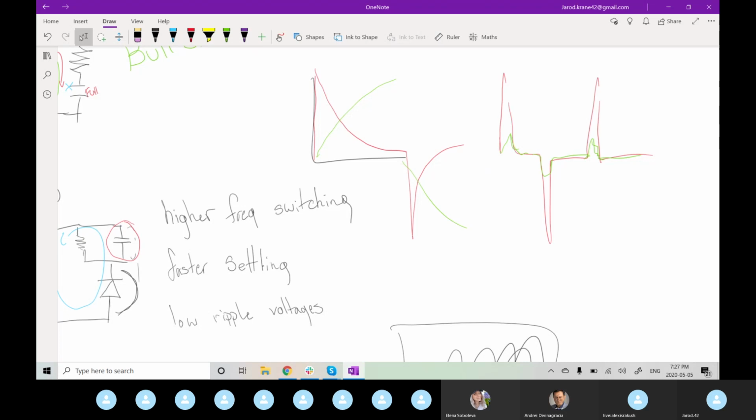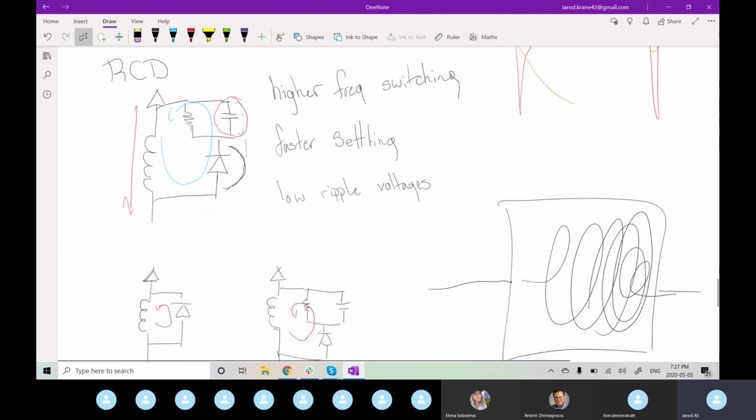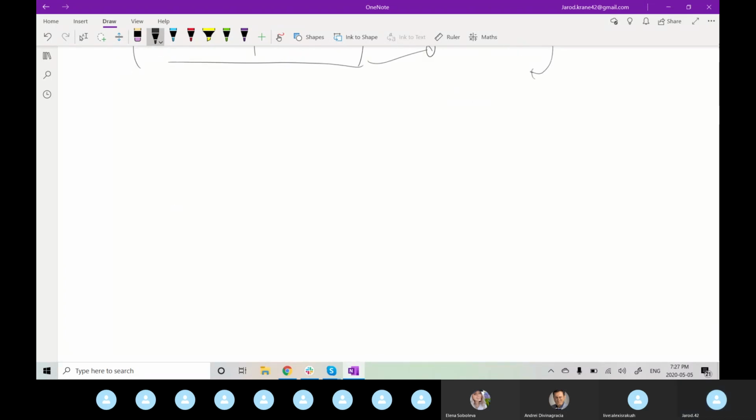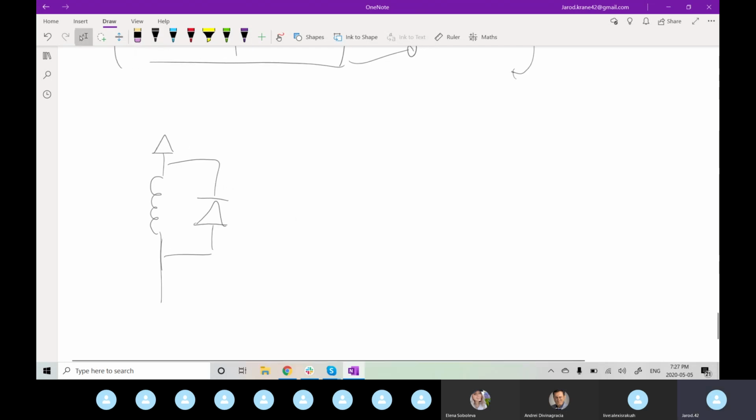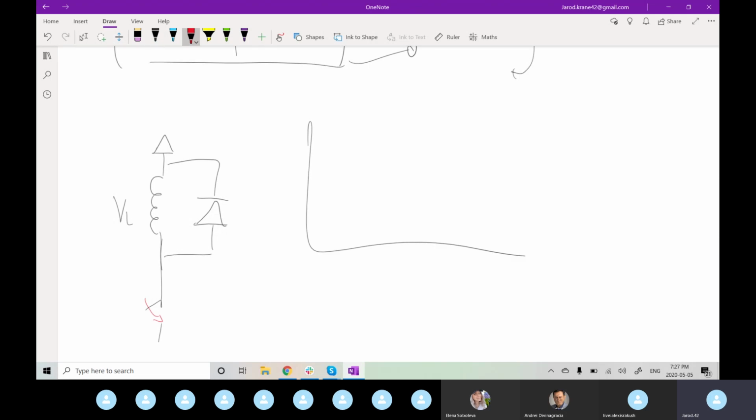If we're looking at the voltage across the inductor, as soon as we close the switch, we'll see some voltage rise, and then it'll stay constant.